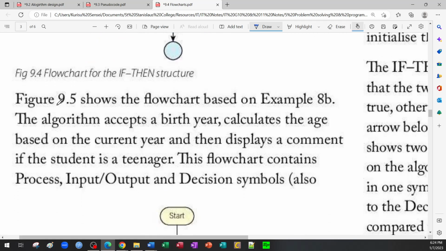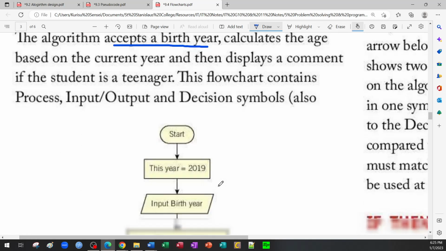Now, figure 9.5 shows the flowchart based on example 8b. The algorithm accepts a birth year, calculates the age based on the current year, and then displays a comment if the student is a teenager. This flowchart contains process, input and output, and decision symbols.